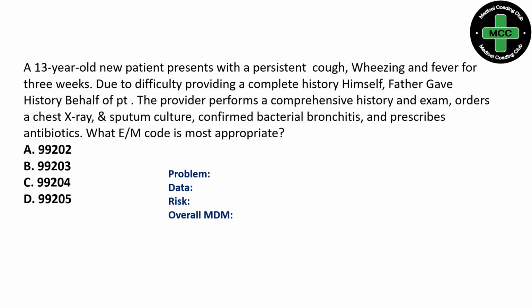So here a 13-year-old new patient presents with a persistent cough, wheezing and fever for 3 weeks. Due to difficulty providing a complete history himself, the father gave the history on behalf of the patient. The provider performs a comprehensive history and exam and orders chest x-ray and sputum culture, confirmed bacterial bronchitis and prescribes antibiotics.